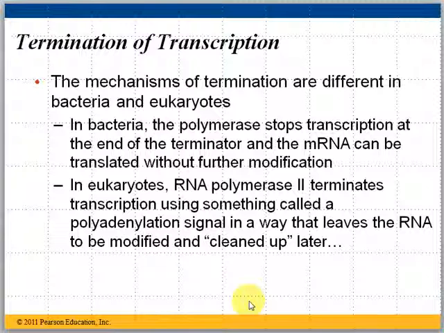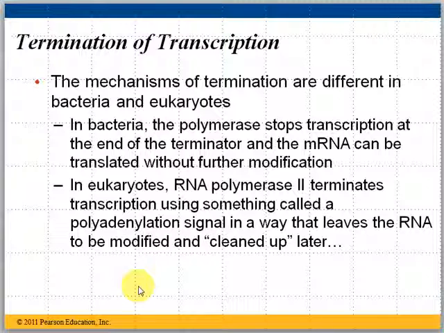In eukaryotes, it's slightly different. The RNA polymerase does reach a termination signal, but then it releases its messenger RNA piece. It uses a polyadenylation signal as its stop piece, but the messenger RNA that gets released is not really clean and ready to go. Much like we mentioned previously, this initial RNA transcription is like your boss hastily writing directions out to give to the whole company.